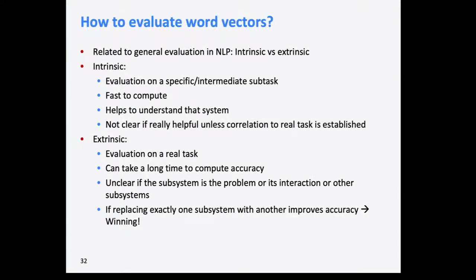If there's something we're trying to do, like model word similarity with word vectors, or put parts of speech on words, we can just have an intrinsic evaluation of how good a job you did. Are you guessing the right part of speech? Are you putting synonyms close together? That's normally very easy to do and fast to compute, and it's useful because it helps us understand the system.